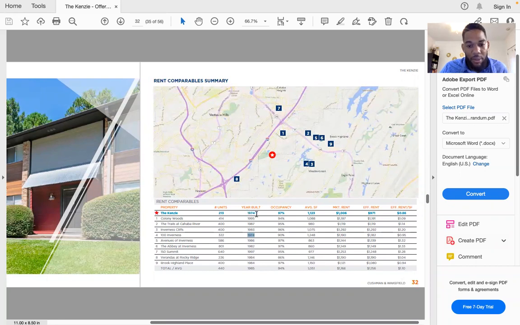And just know that a property built in 1995 may be a lot older, but 95, that's almost 30 years old. So overall, we don't really have many new builds here, right? We don't really have many 2010, 2015, or 2020 properties. These are pretty old, but we're on the lower end of the curve here, having a property built in 74 with only one other property in that same 70s vintage.